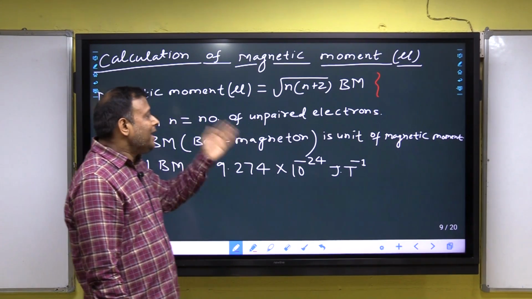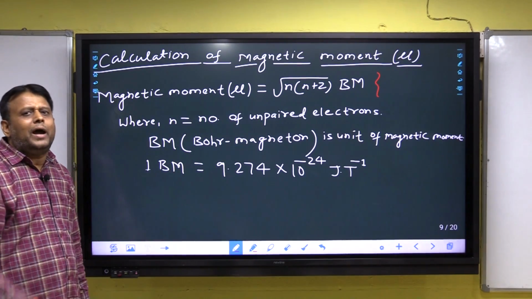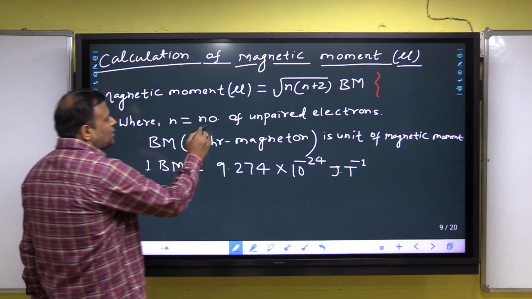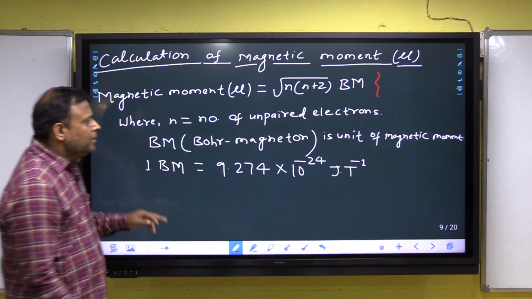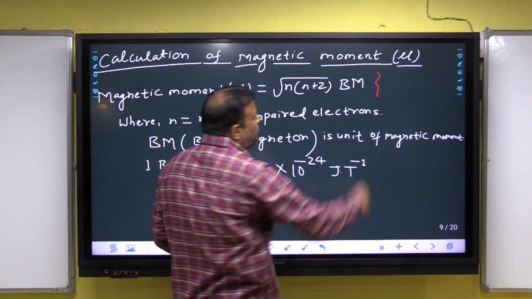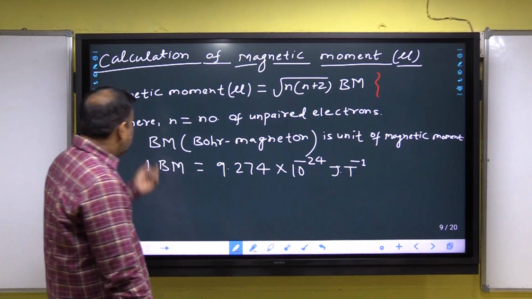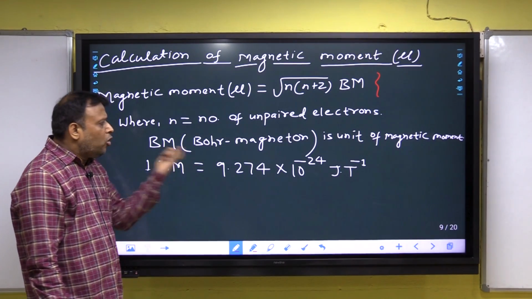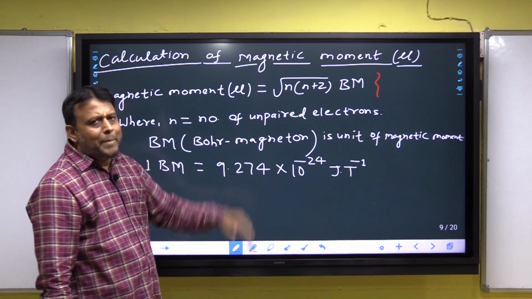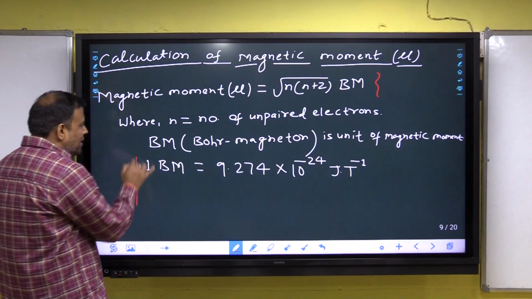Where n is the number of unpaired electrons, and BM is the unit of magnetic moment. BM means Bohr magneton. It is the unit of magnetic moment.